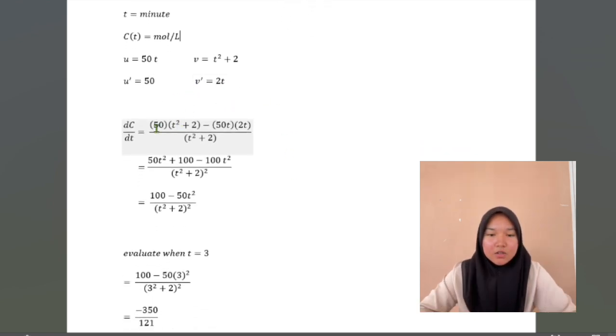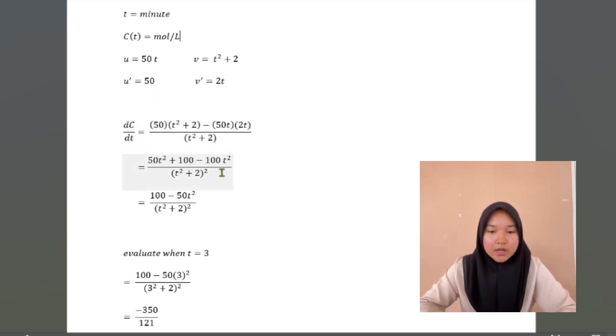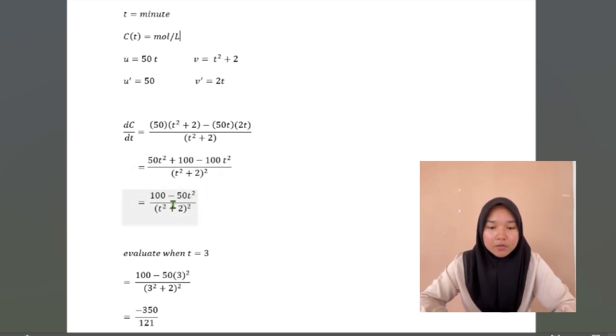The formula is U prime times V minus V prime times U, divided by V power of 2. So we insert all the answers here. We settle it down. Then the answer for the last one is 100 minus 50T power of 2 divided by open bracket T power of 2 plus 2 close bracket power of 2.